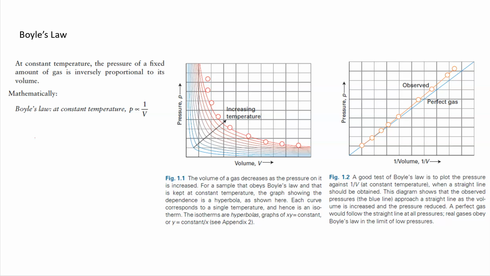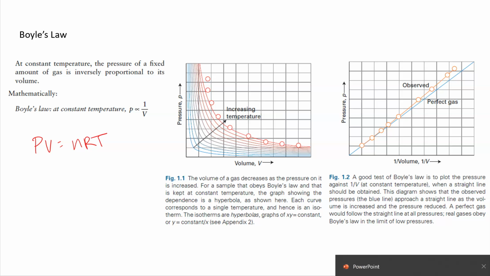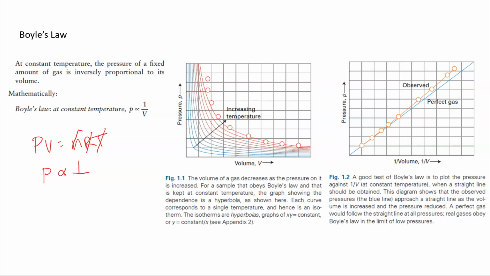And how we come up with that is if PV equals nRT, and we have a constant temperature, so it does not change in the system, and we have a fixed amount, n, and R is a constant, that means that if we rearrange this, P is going to have to be proportional to 1 over V. So this is what we're seeing in Boyle's law.